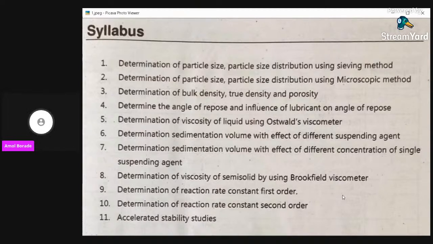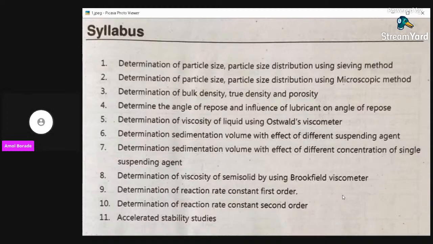Our powder or granules taken for tablet manufacturing should flow properly and desirably from the hopper up to the die cavity.